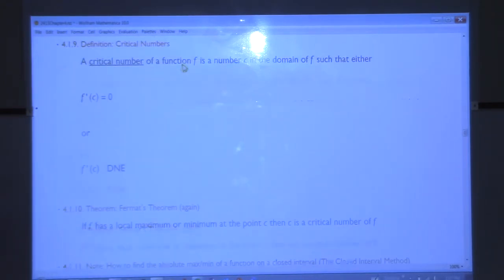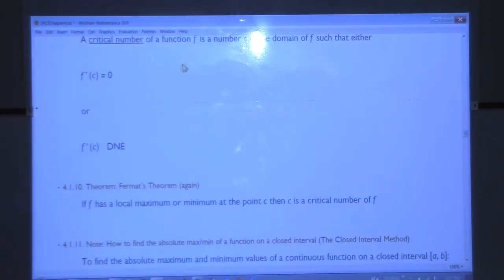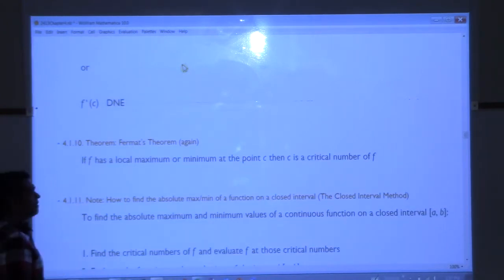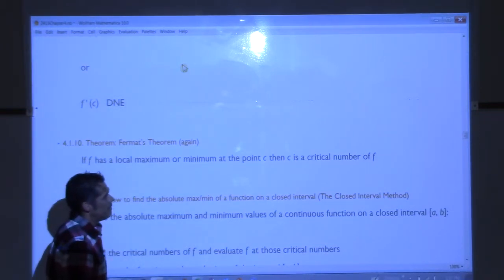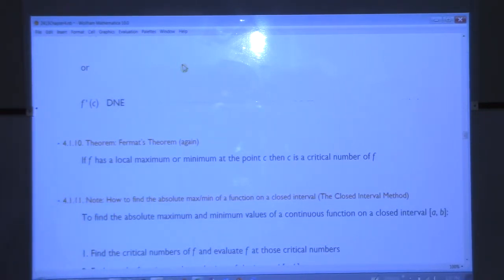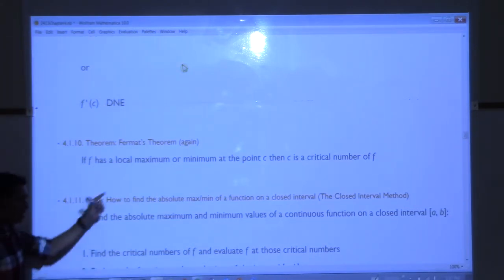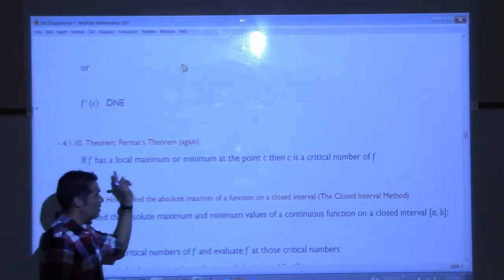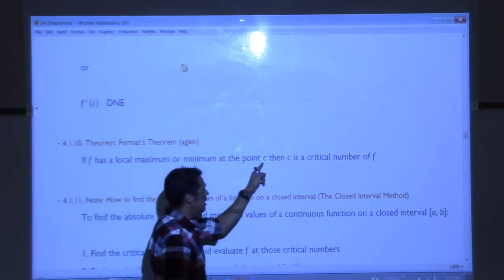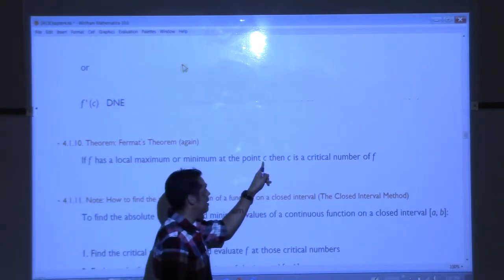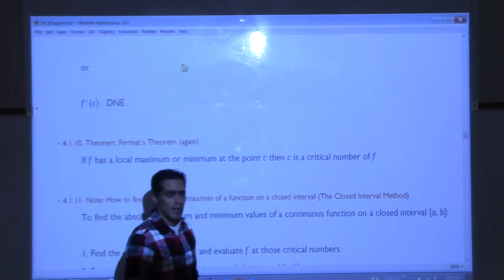And now we get to this theorem, same theorem but kind of revised. It says that if f has a local max or min at a point, then that point is a critical number. So if you have a max or min that's on the function somewhere, then I can tell you something about where it's having that max or min. That's got to be a critical number.